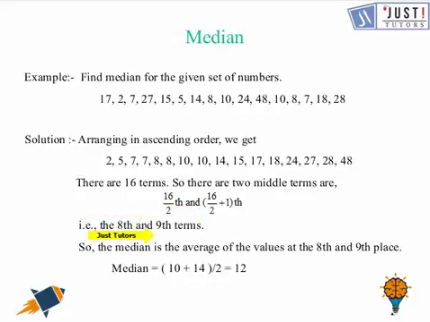Let's search which one is 8th and which one is 9th. This 10 is sitting at the 8th place and 14 is sitting at the 9th place. 1, 2, 3, 4, 5, 6, 7, 8. Yes, 8th and 9th, that is 10 and 14. So we find the average of 10 and 14: 10 plus 14 is 24, divided by 2, and the answer is 12. So the median for this observation is 12.